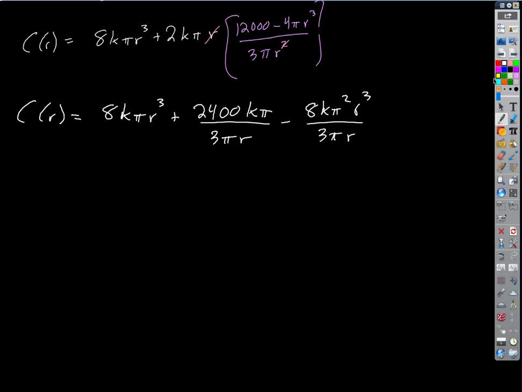So we can do some cancellation, right? One of the r's cancels, one of the pi cancels. Here we get the pi canceling. 24,000 over 3 is 8,000. So we get some good stuff happening. It looks a little better.